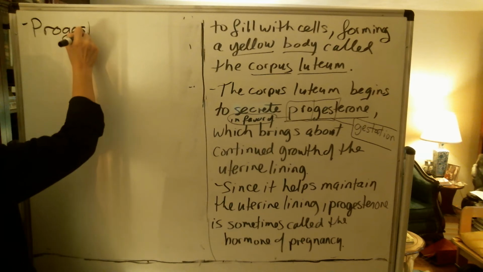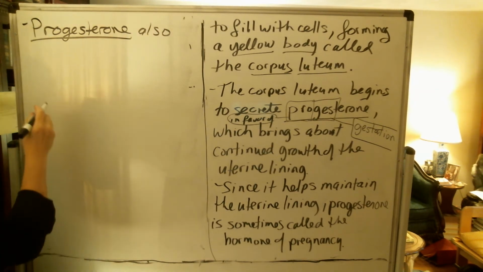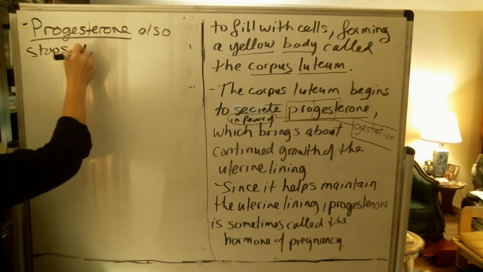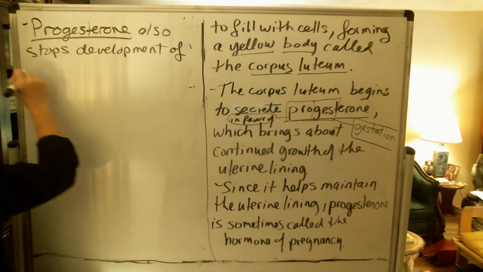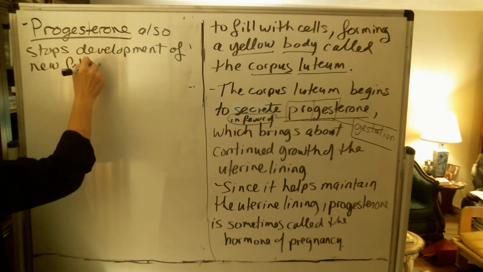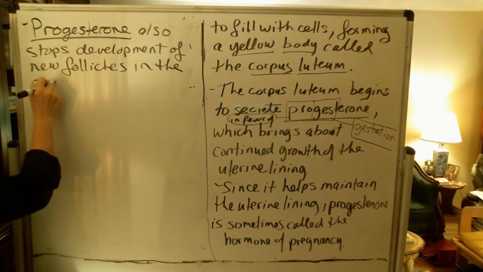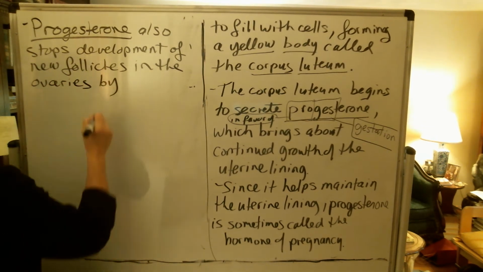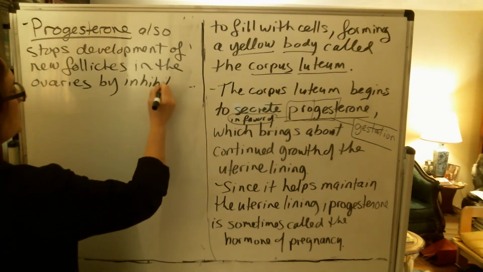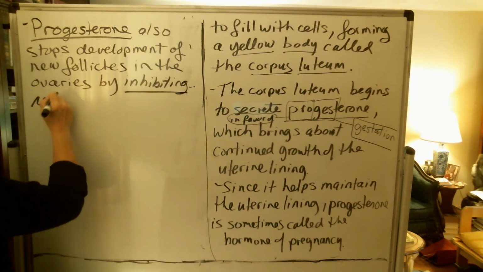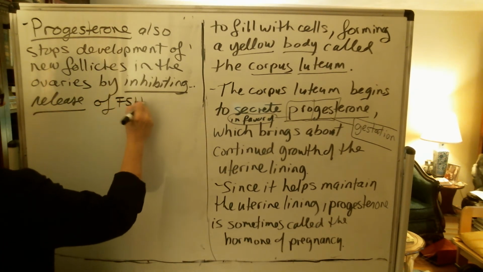And progesterone then also stops the development of new follicles in the ovaries by inhibiting release of good old FSH.